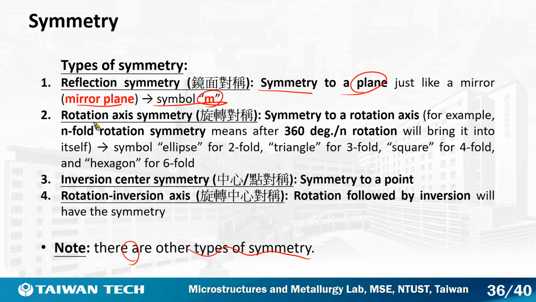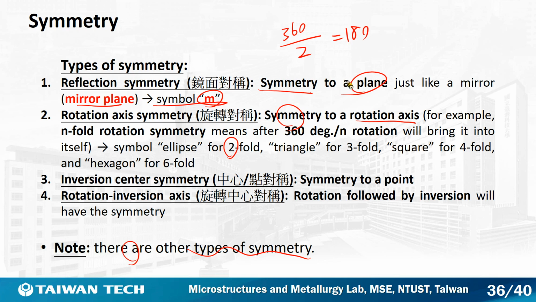And the other one is rotation axis symmetry. It means that we have symmetry about a rotation axis. For example, we can say it like an n-fold rotation symmetry. For example, if n is 2, it means that 360 degrees over 2 equals 180.